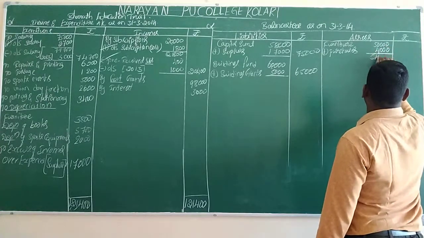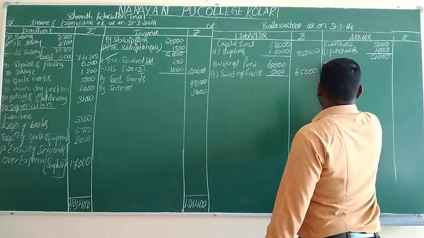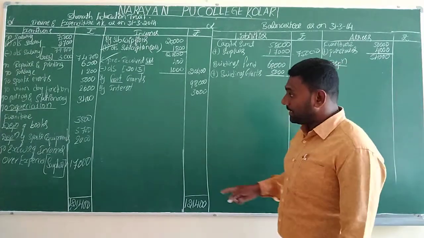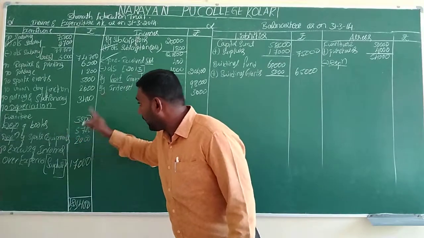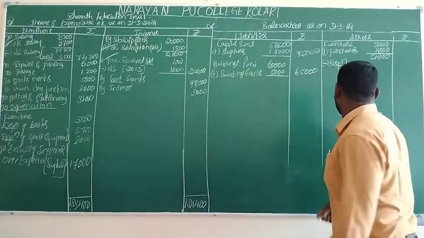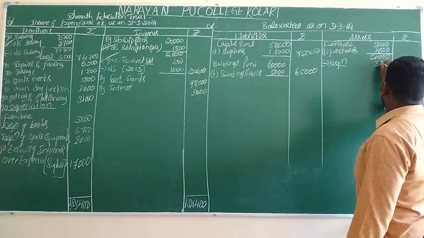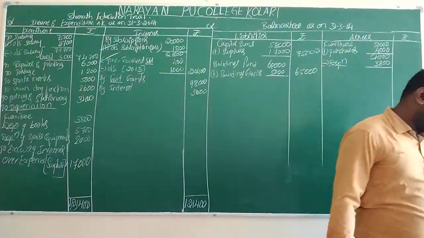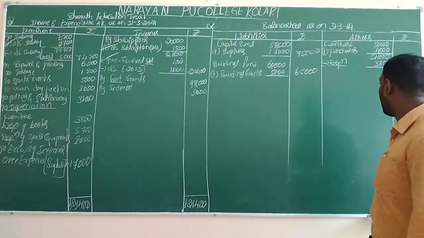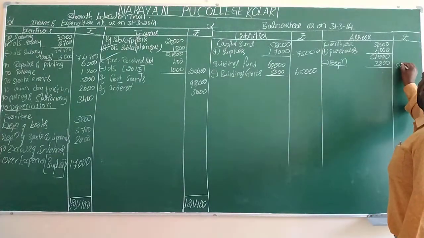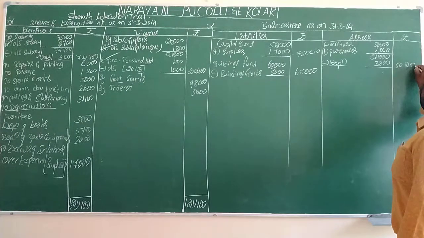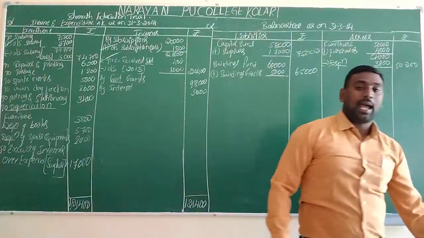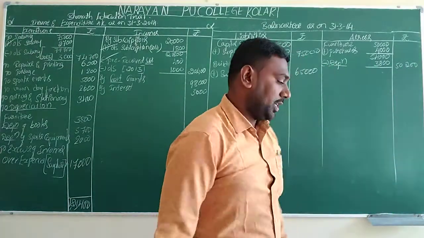We will get 54,000 rupees, minus depreciation which is given here. Depreciation on furniture is 3,800. 54,000 minus 3,800, we get 50,200 rupees, which is the exact value of furniture.